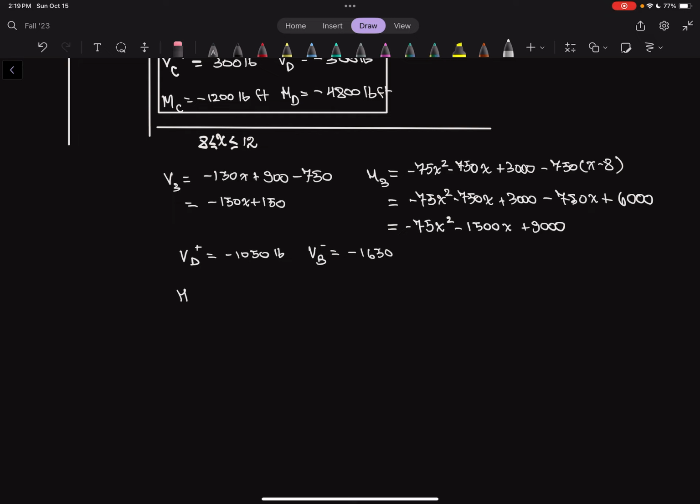And then M at D should be the same as before. We'll see. Minus 75 times 8 squared minus 1,500 times 8 plus 9,000 is minus 7,800, which tells us that we did something wrong with the math again.